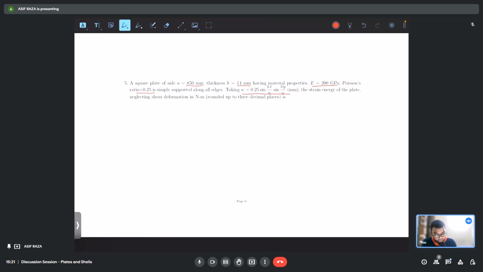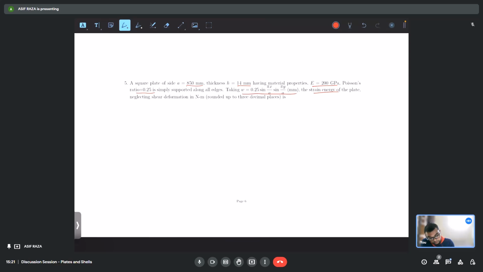Displacement function has been given as 0.25 sin pi x upon a sin pi y upon a. We need to find the strain energy of the plate, rounded up to 3 decimal places.